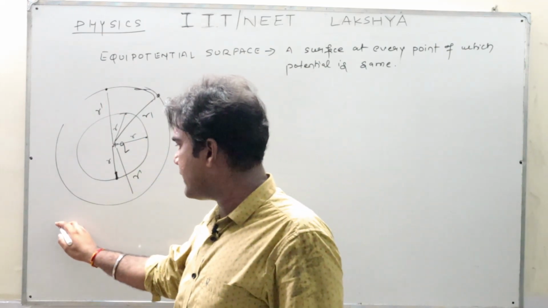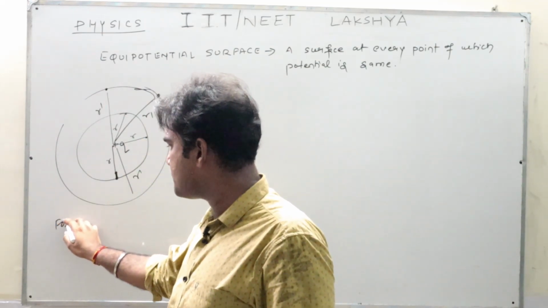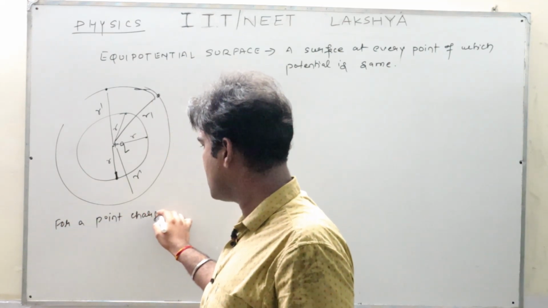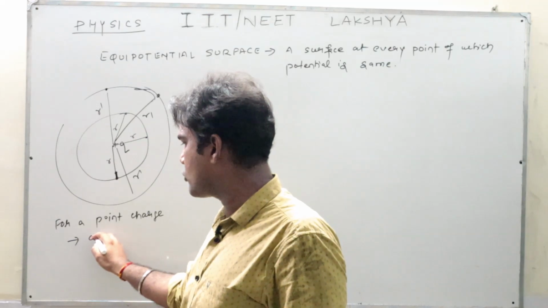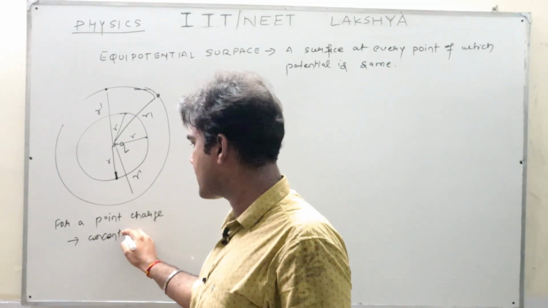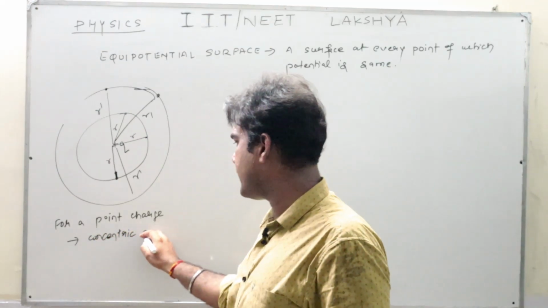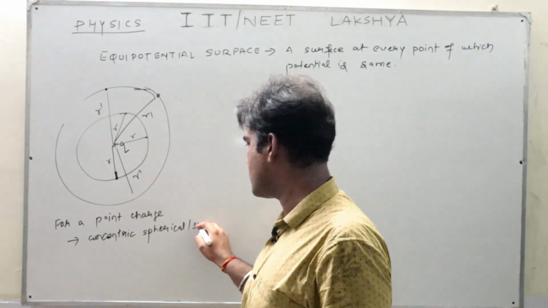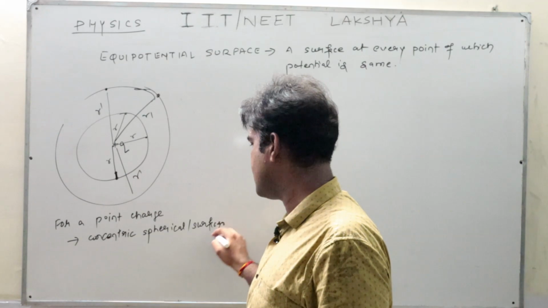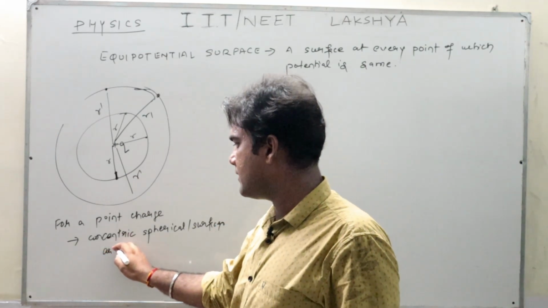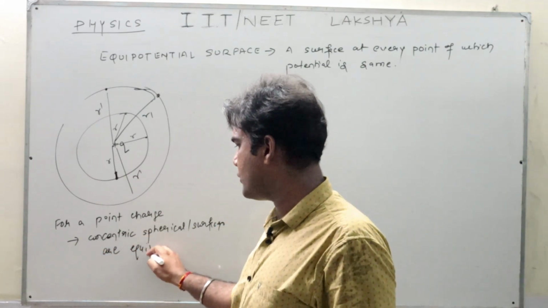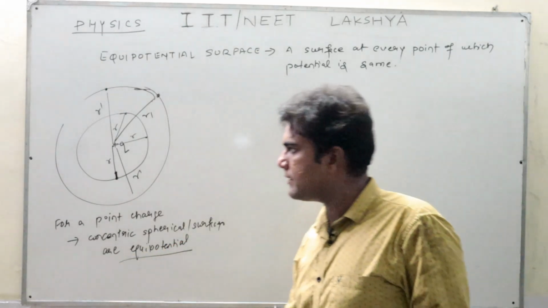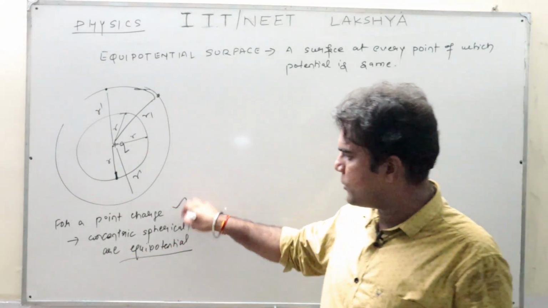So what I am saying is, for a point charge, concentric spherical surfaces are nothing but your equipotential surfaces. So that is as far as a point charge is concerned.